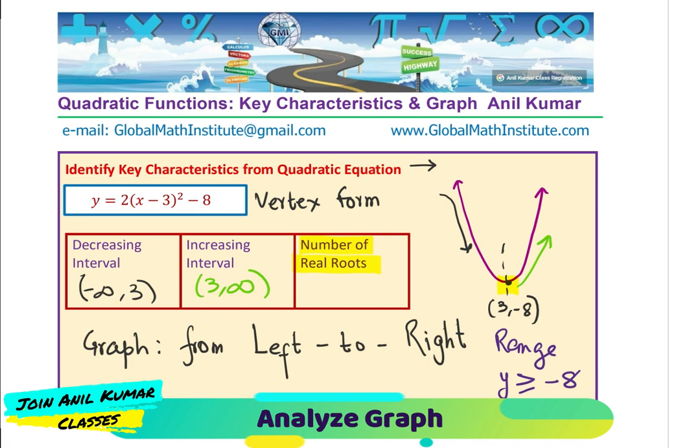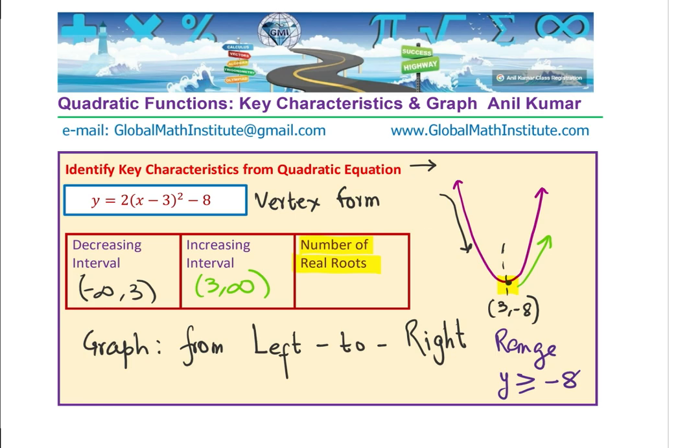That means the vertex is below the x-axis, right? So if I have to draw the x-axis somewhere, it will be like this. This is my x-axis. And since the y value is minus 8, it's much below, x being at 3 at this particular point. You can see that. And clearly, there are two x-intercepts for the graph. And the number of roots will be 2. So I could do it by visualizing. So visualize.